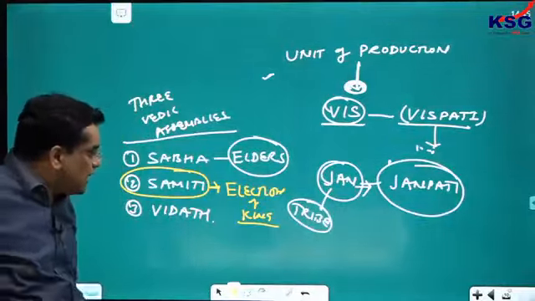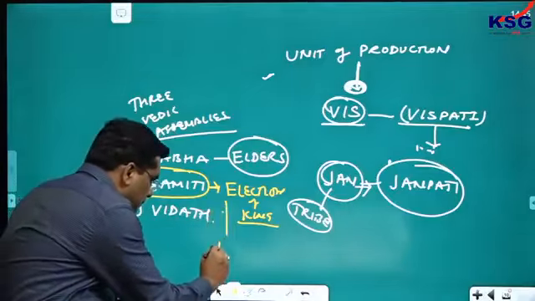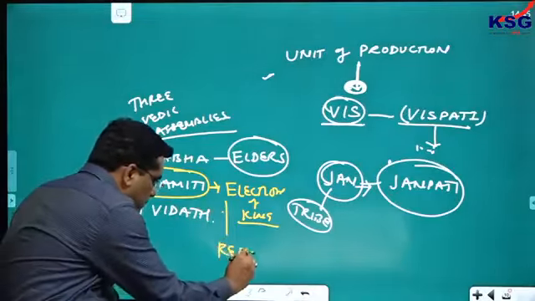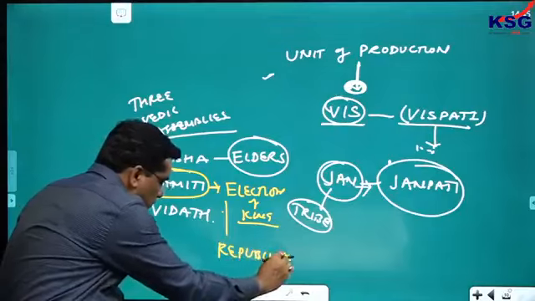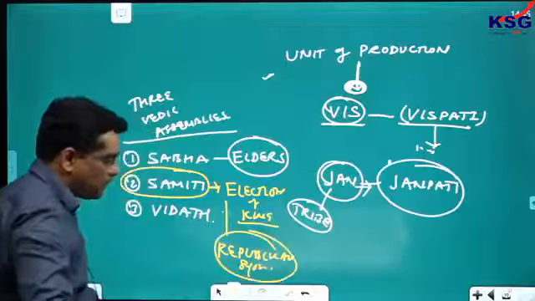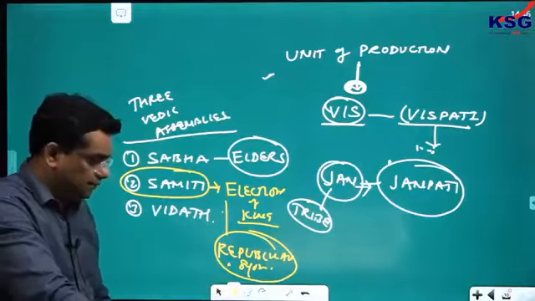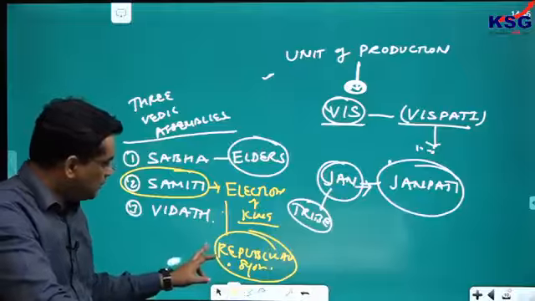So if the king was elected, that means there is a republican system.